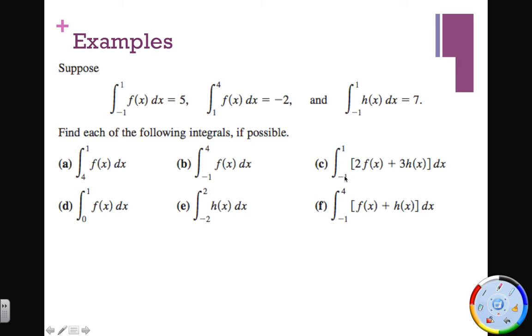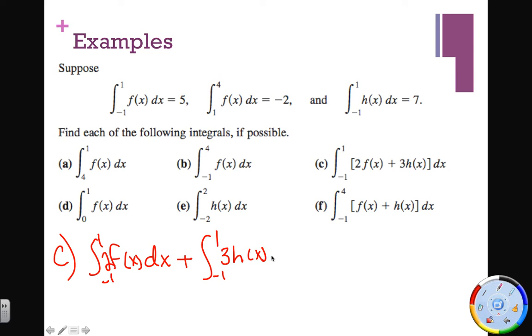All right, so now we get a more complex one here in C. We're just going to use basically the constant multiple, because you notice this 2 here, and the sum and difference rule for integrals. So I'm not going to rewrite this whole thing here, but I can first rewrite the sum. And then I can use my constant multiples here.